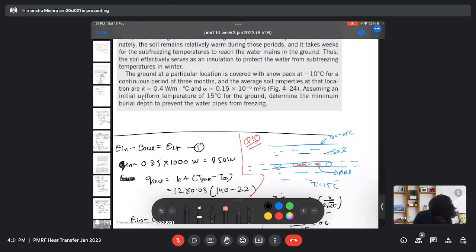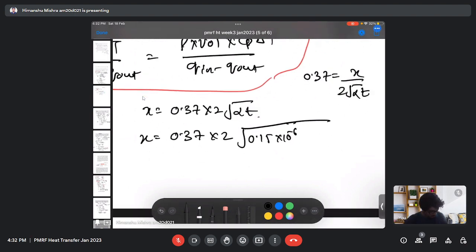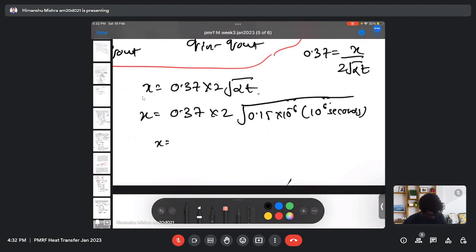And my time, here I'm taking a week. A week would be around 10 to the power 6, so this is my rough 1 week time in seconds. So my burial depth, after calculating, should be around 0.8 meter.